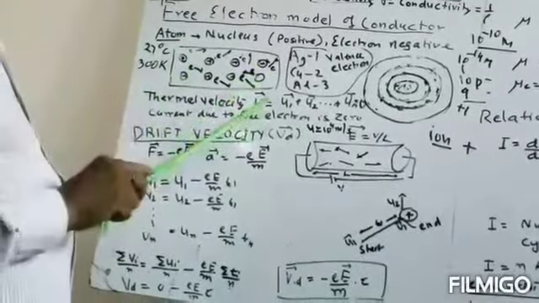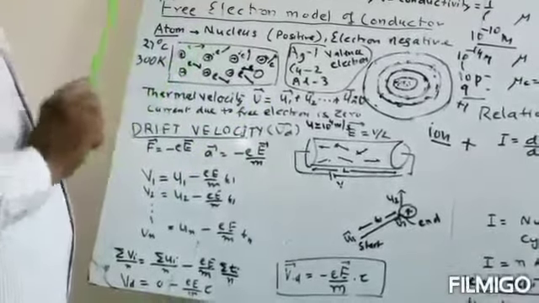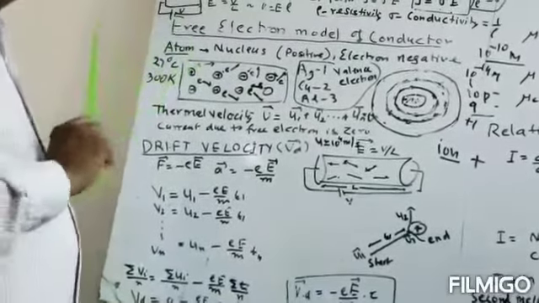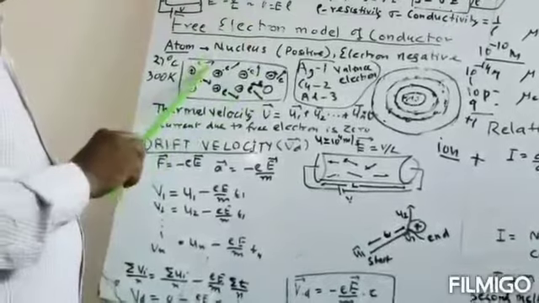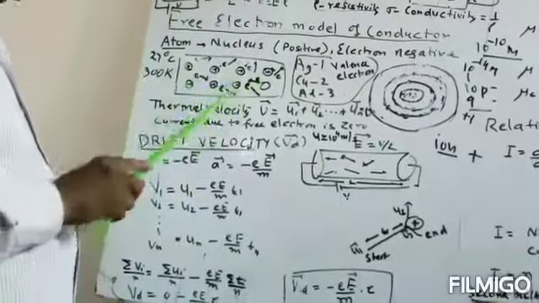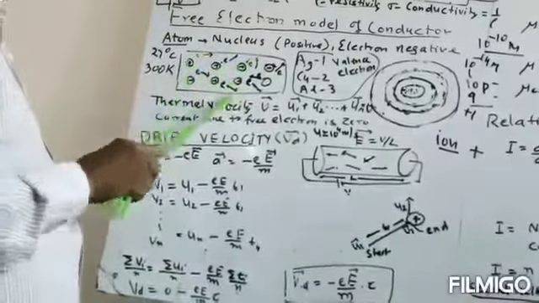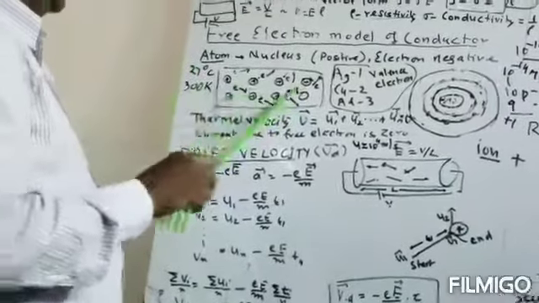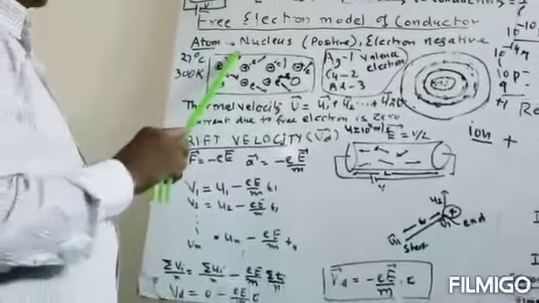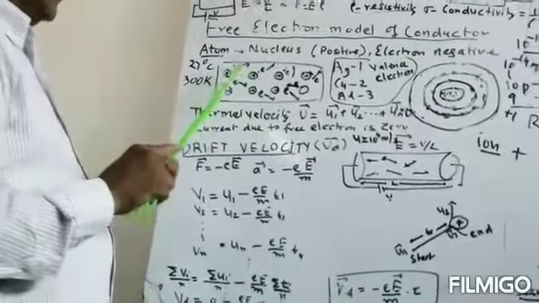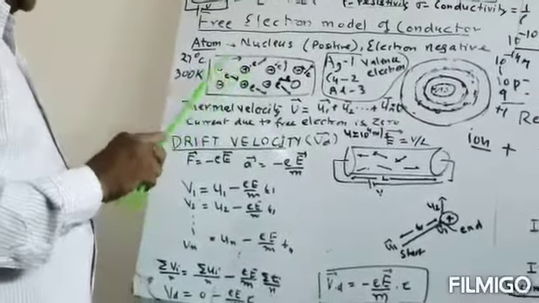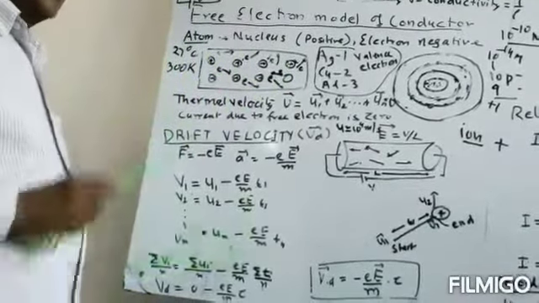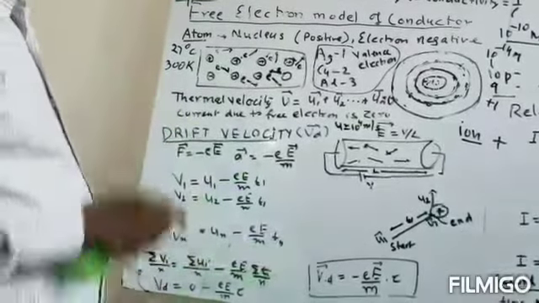They are not movable, whereas the free electrons are movable and they have thermal velocity and move in different directions with different velocities. So the velocity of these free electrons is random and not equal. These free electrons can collide with other free electrons, with positive ions, and with the boundary of the metal. So these electrons are not at rest, they are moving with different velocities in different directions.